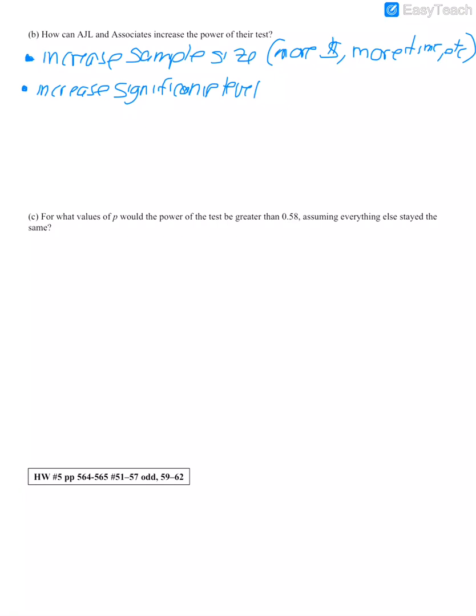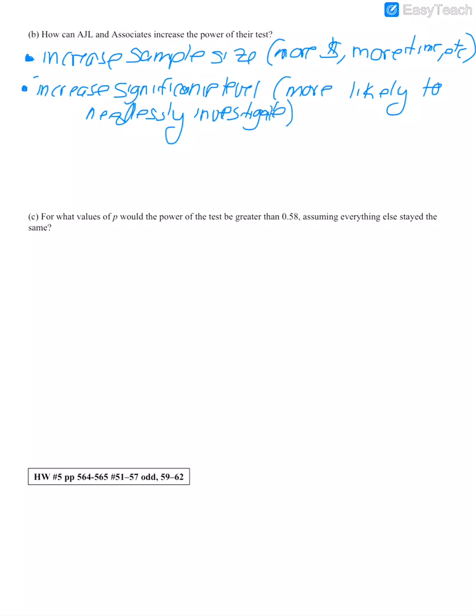But the downside to doing that is you're more likely to needlessly investigate.